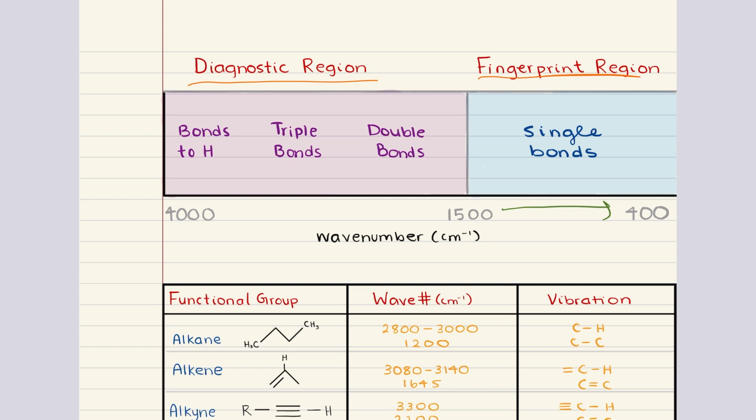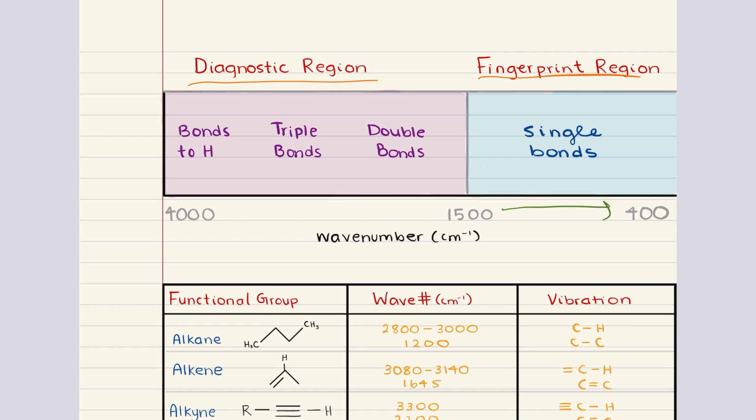And this part of the spectrum contains a dense collection of peaks from complex bending vibrations to skeletal motions of the molecule. And while it's difficult to analyze on its own, the fingerprint region is unique for every molecule, so it serves like a molecular barcode, and it's often used for confirming a match between known and unknown samples. But we're not so concerned with this region for the MCAT.